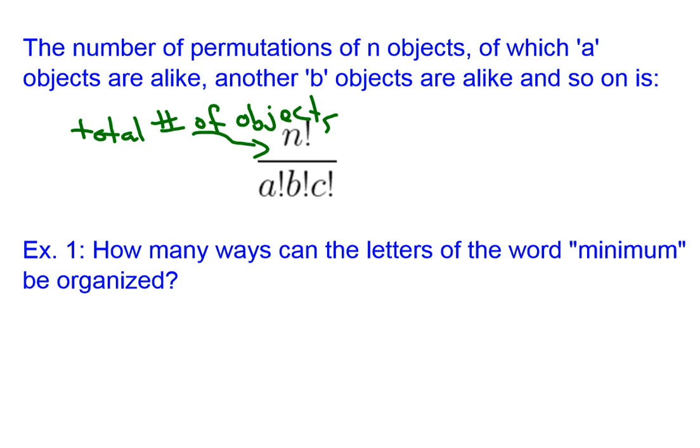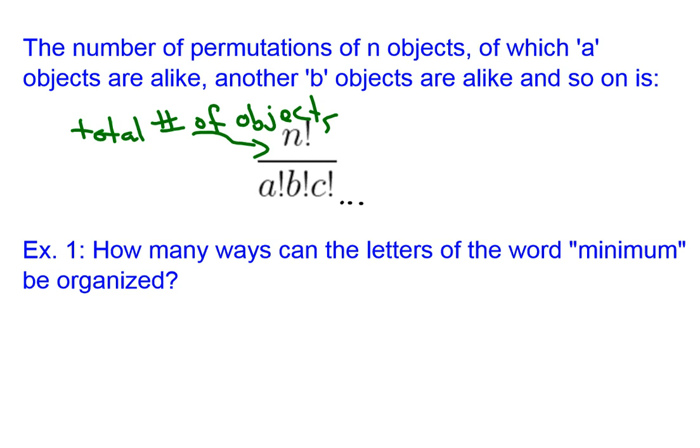A, B, and C are objects that could be different, where there are multiples of each. This kind of pattern continues on. I've listed A, B, and C there, but we could have any number of repeated letters, numbers, items, whatever you want to call them.